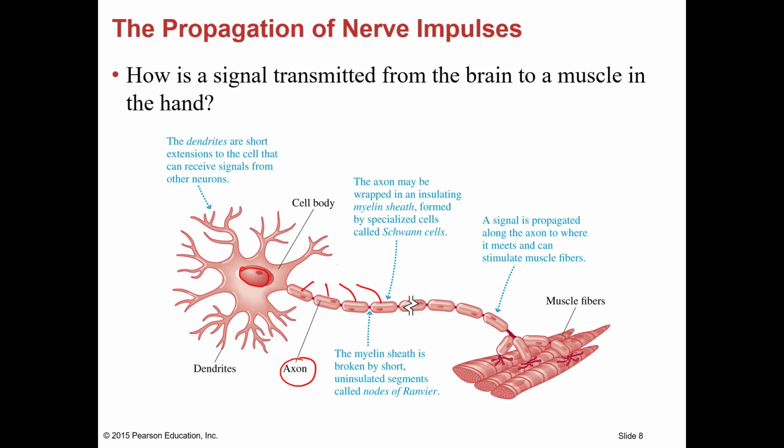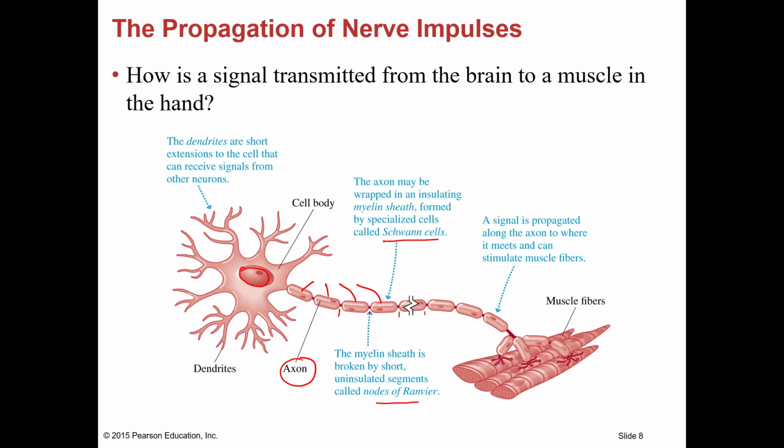There is also a gap between these myelin sheaths. These gaps are called nodes of Ranvier. So we have these gaps.